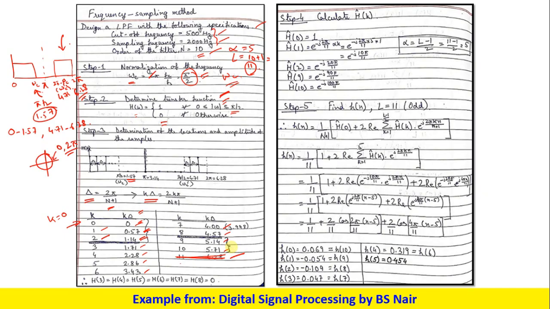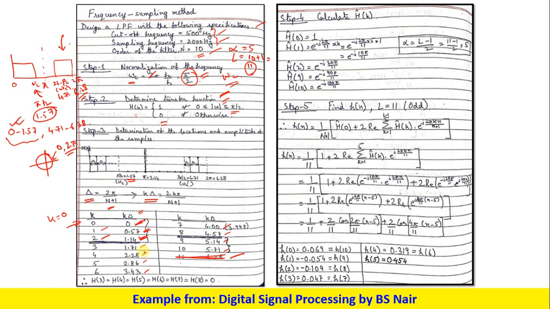Now, which points should we be considering? We should be considering the points in the range of 0 to 1.57 and 4.71 to 6.28. If you see, 0 is within this range, 0.57 is within this range, and 1.14 is again in this range, so we have taken these points. When k is equal to 3, we get 1.71.